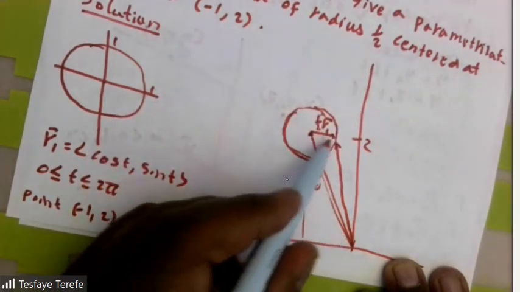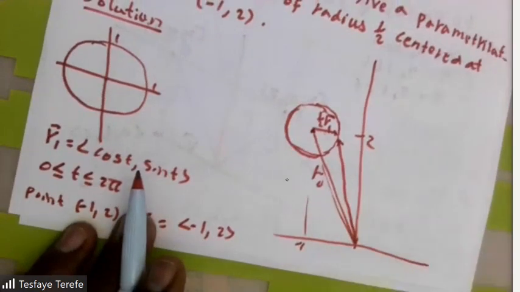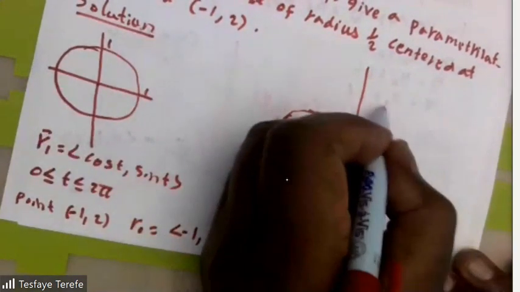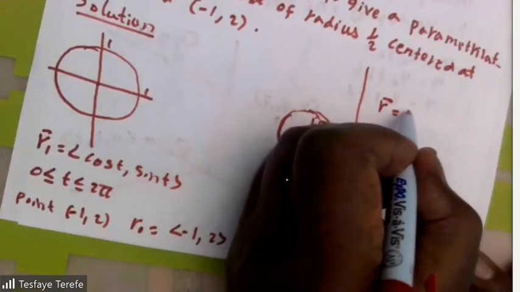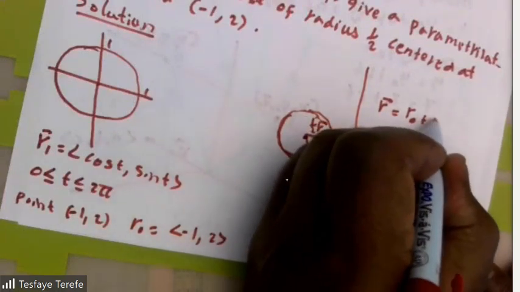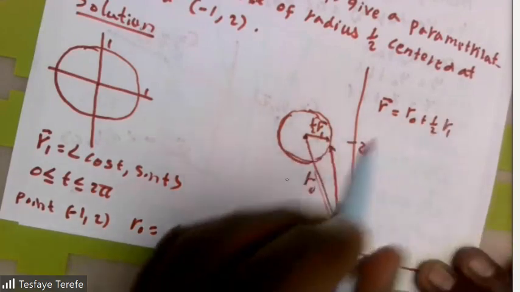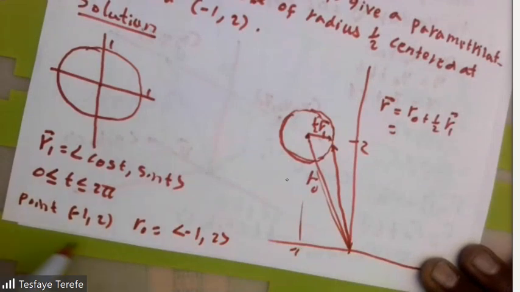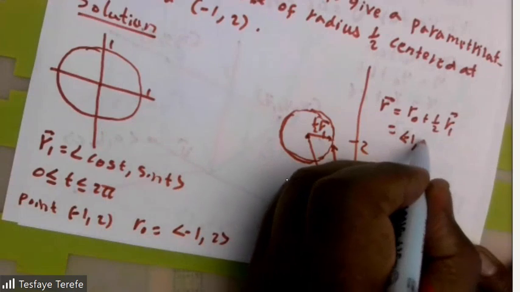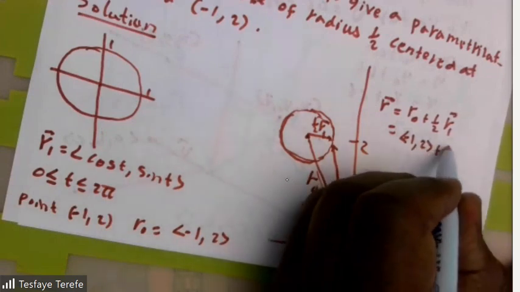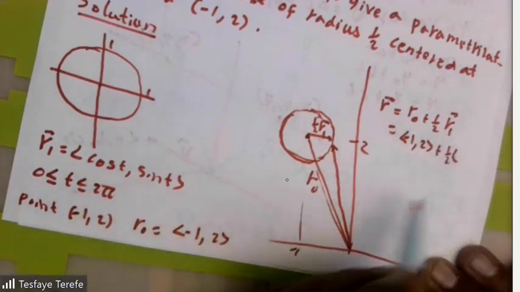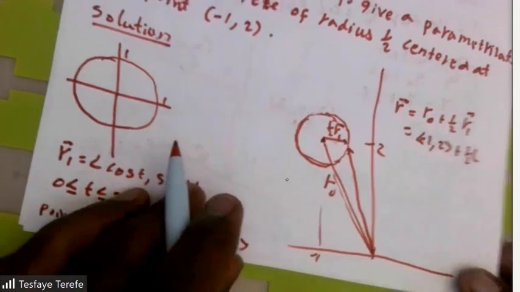So if I add these two, I will have that vector. So vector R equals R sub 0 plus 1/2 of R1. Well, R sub 0 is actually -1, 2, plus 1/2, and R1 is cosine of t, sine of t. Well, I ran out of space.